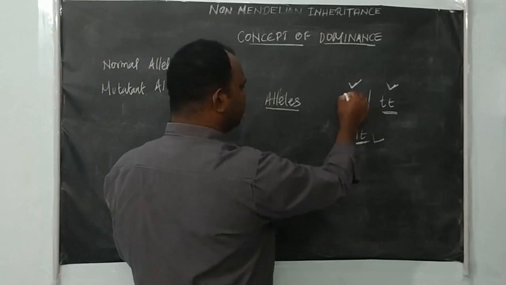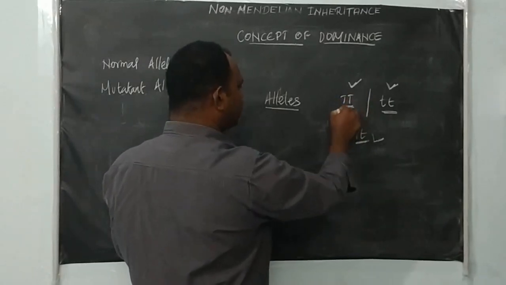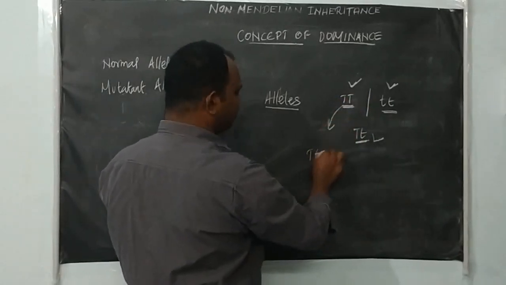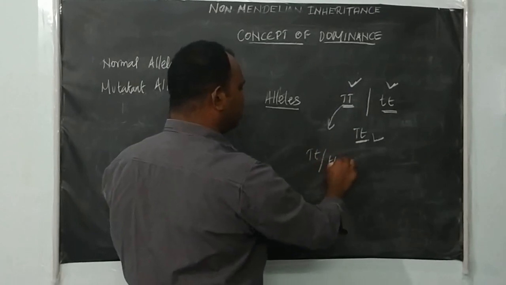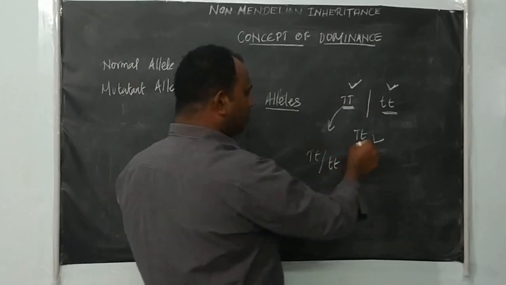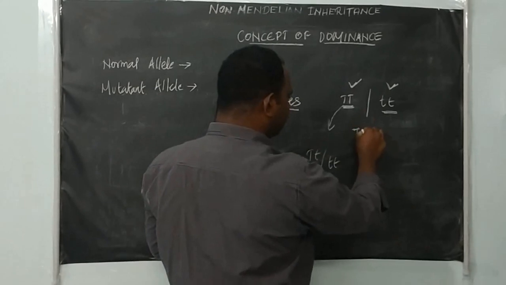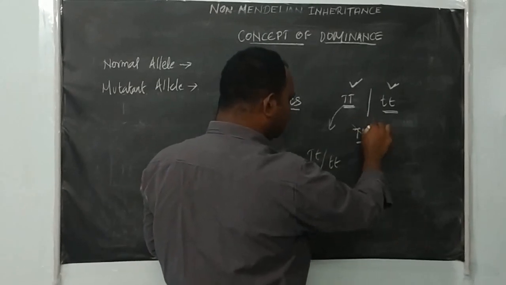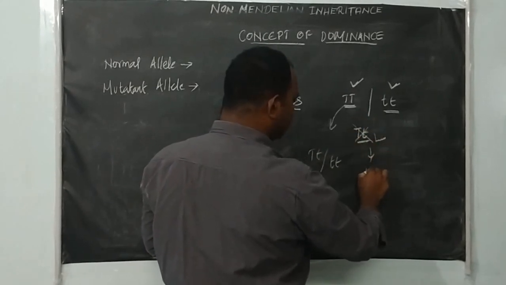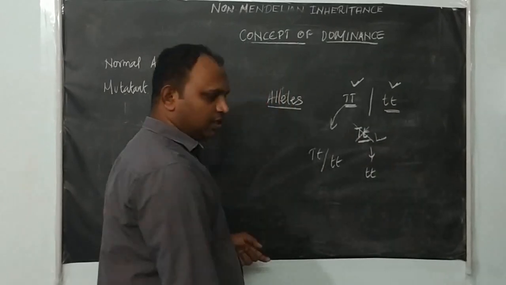For example, caps T either becomes caps T small t, or it becomes small t also. Caps T small t, because of mutation, may become small t also, right?